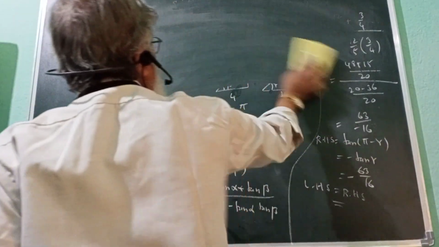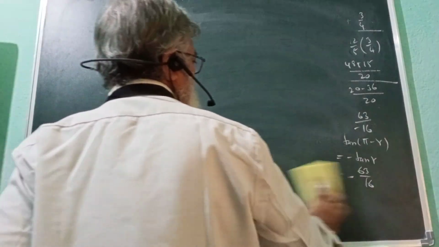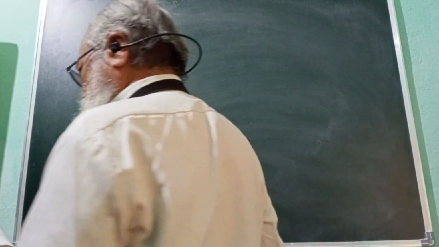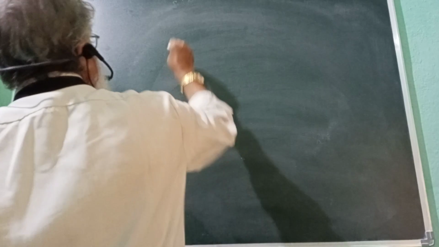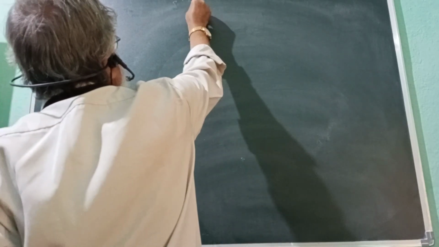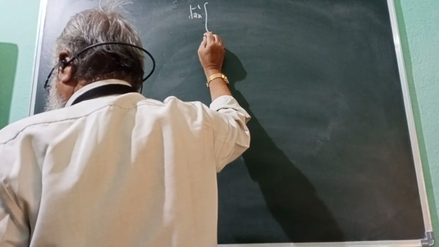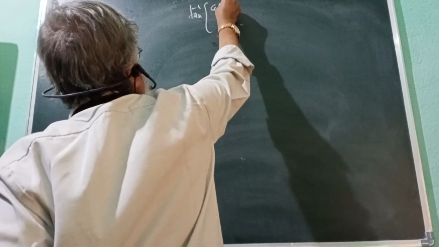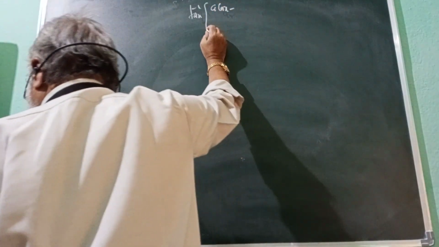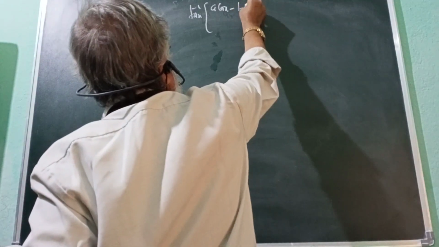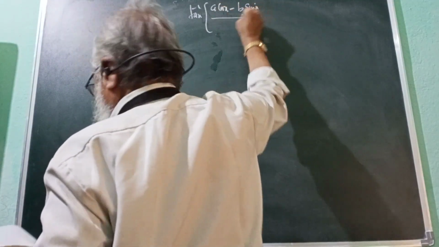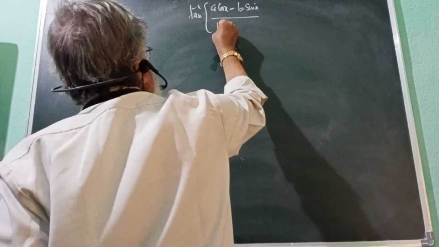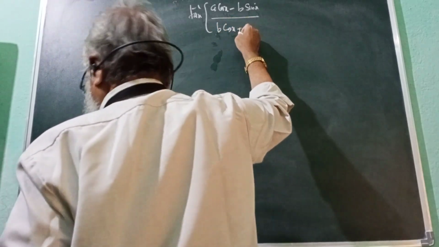Now, next problem. Simplify tan inverse of a cos x minus b sin x divided by b cos x plus a sin x.